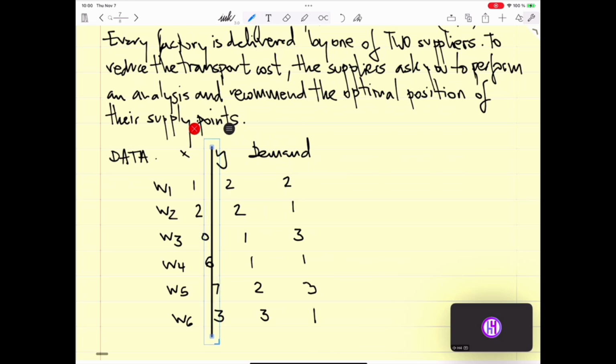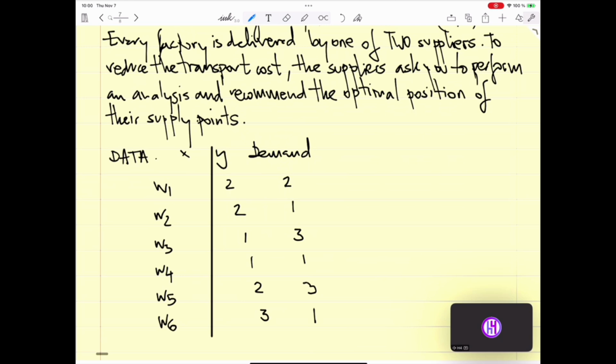Oh my God. I have a bias. I have a bias. One, 0, 6, 7, and 3.